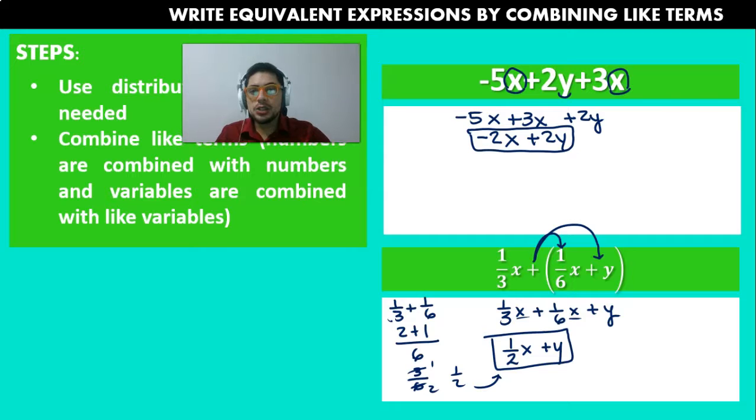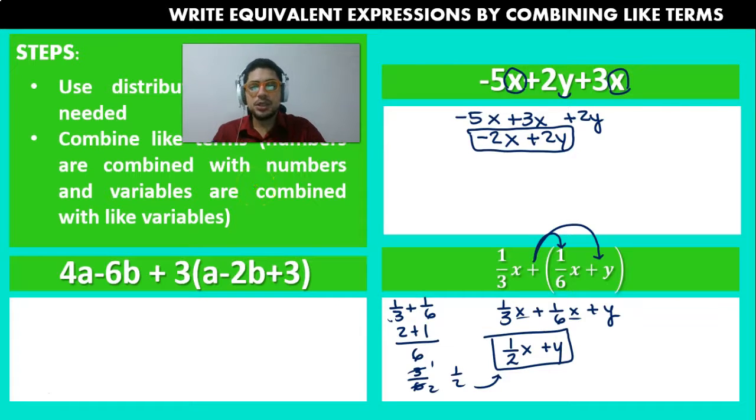So guys, I have also included another problem in this video, which is a little bit more complex. So we have 4a minus 6b plus 3 multiplied by a minus 2b plus 3. Okay, so in this case, first we have to multiply the 3 by everything inside the parentheses because we have the distributive property going on, and then we can combine like terms.